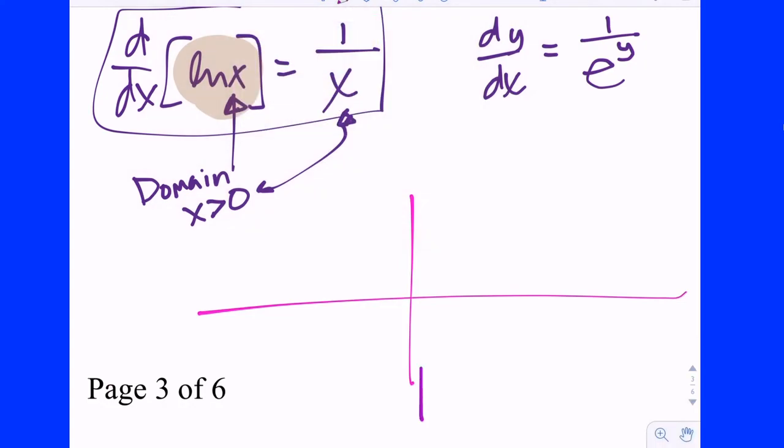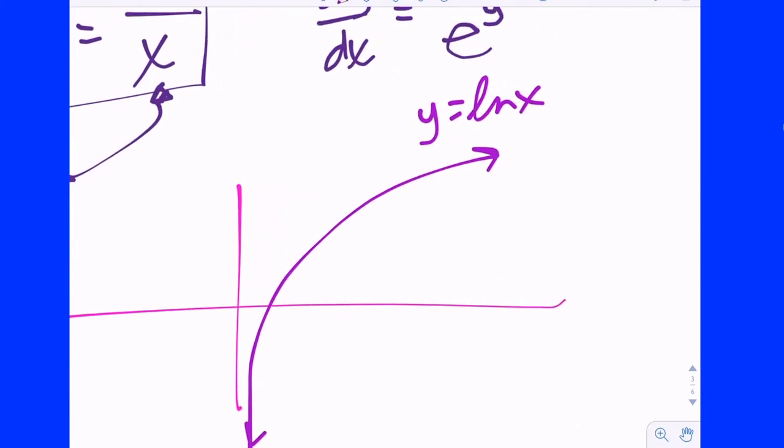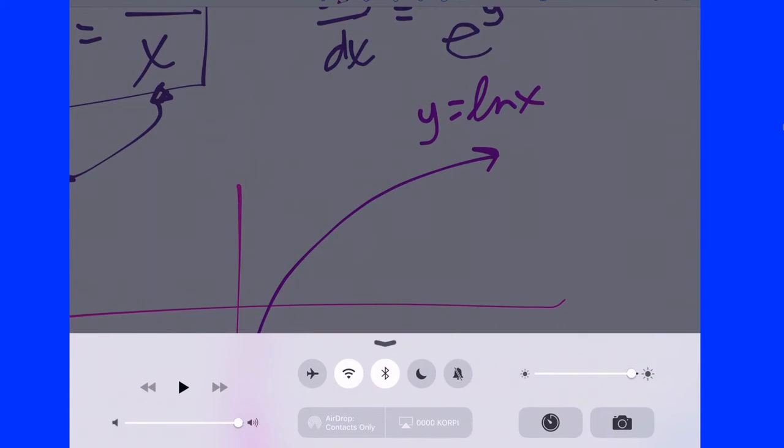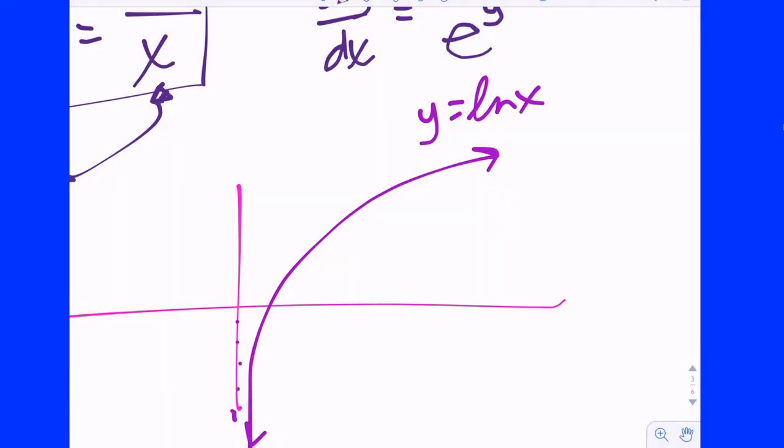I'm going to sketch the natural log of x here in purple. Now here's what I'm going to do. On the same grid, I'm going to attempt to sketch the graph of its derivative in green, which would be 1 over x apparently. Well, actually, I know what the graph of 1 over x looks like, right?